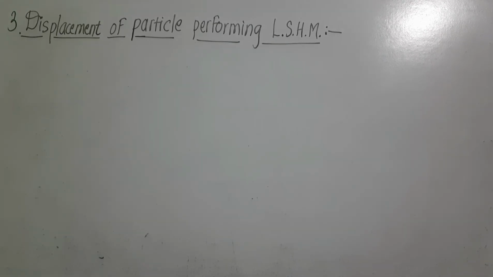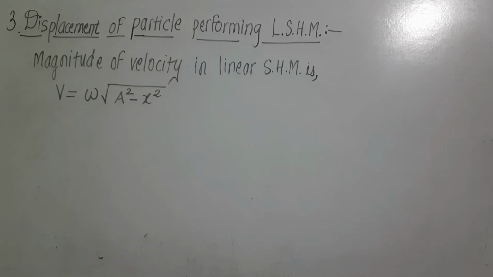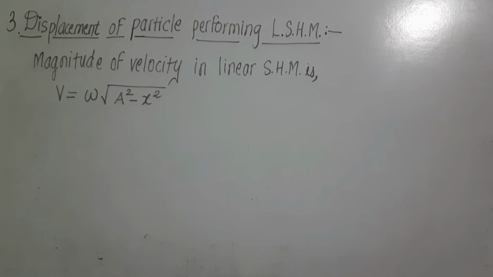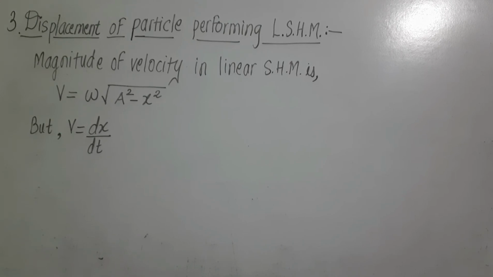Now, third, displacement of a particle performing linear SHM. Just now we have seen the expression for velocity in linear SHM. So the magnitude of velocity in linear SHM is given by v is equal to omega under root a square minus x square. But we know that velocity v is equal to dx by dt, that is the rate of change of displacement. Now equate these two equations and rearrange it.